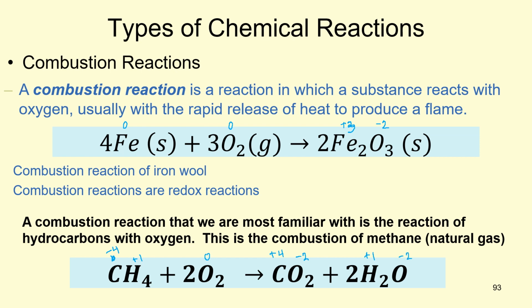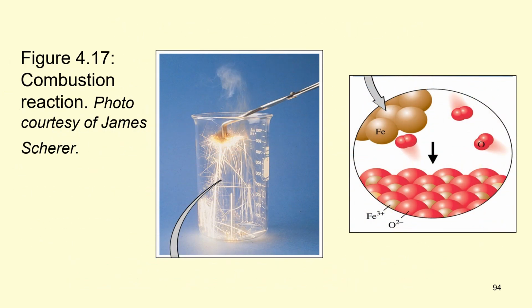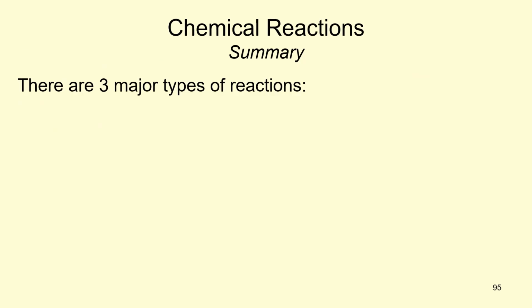So notice that the oxygen has gone from 0 to -2 in either case. So that's reduction, and the carbon has gone from -4 to +4, so that's oxidation. So that's the steel wool burning, and you can imagine what methane burning looks like.